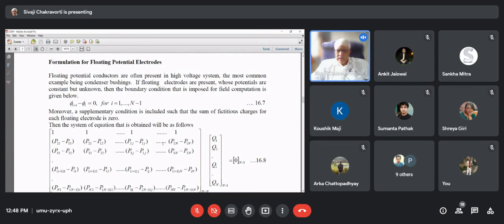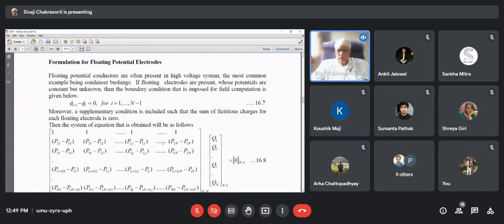There are a lot of examples, particularly the electric shields, the field shields, or field control rings. These sort of things are typically floating potential electrodes. And another very basic example of a floating potential electrode is in what is called a condenser bushing.